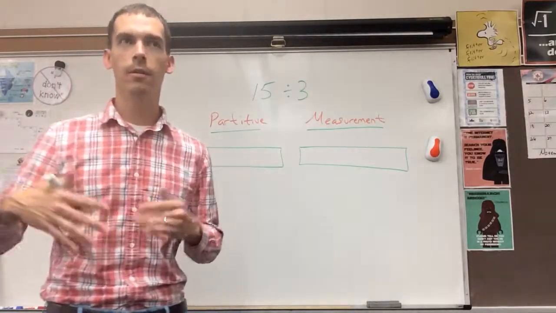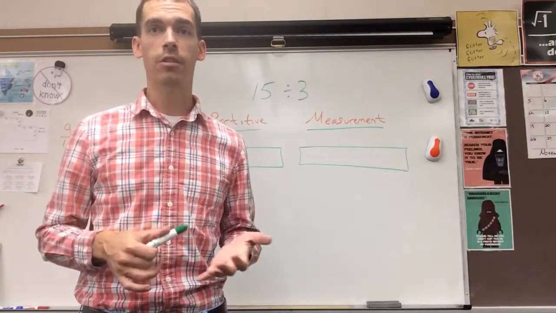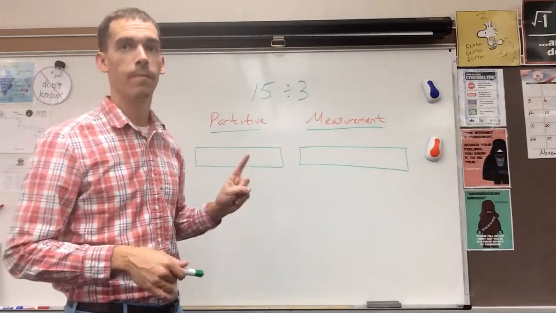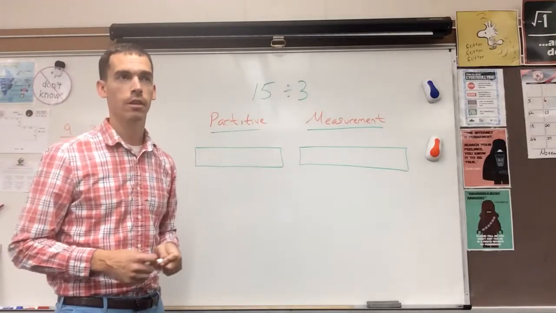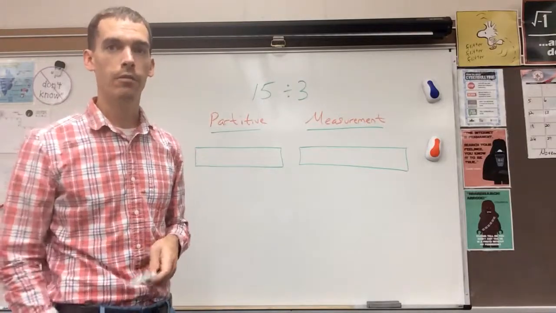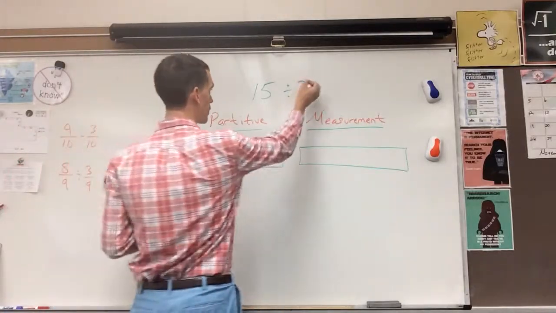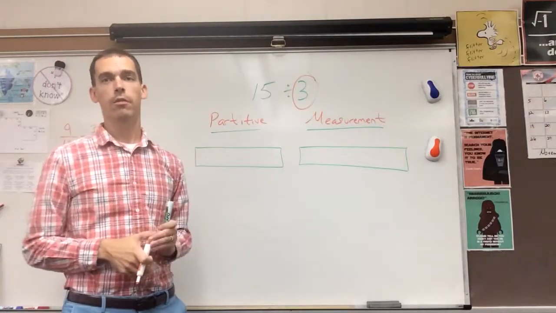Monroe's Math. We're talking about using models to divide whole numbers and fractions, and we're talking about these two, particularly partitive division versus measurement division. Now what we see here, partitive, is we're using the part of some sort of a value. So in this case, 15 divided by 3. The 3 is the part that we are going to be using.